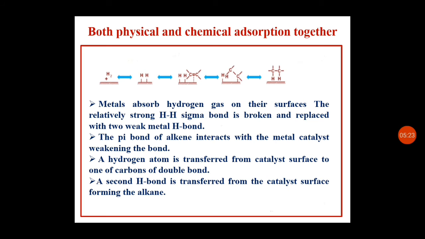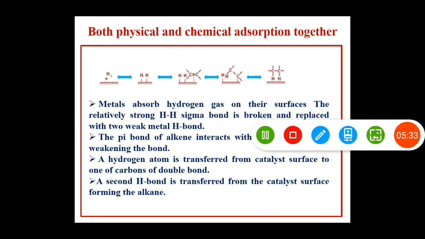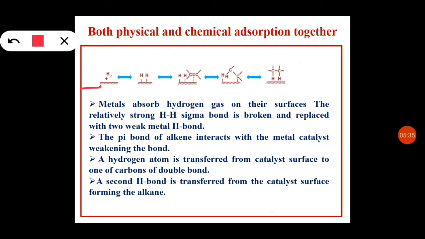Now for both physical and chemical adsorption, the figure shown here is of hydrogen gas adsorbed on a surface. This is the surface of a metal. On the metal surface, when hydrogen gas is brought near, it forms bonds on the surface. Then another substance is adsorbed, this is some alkene.